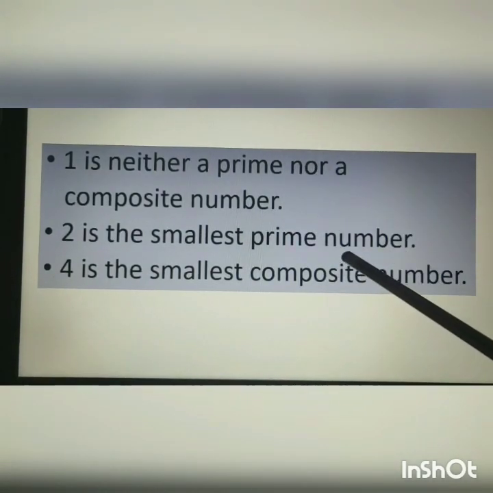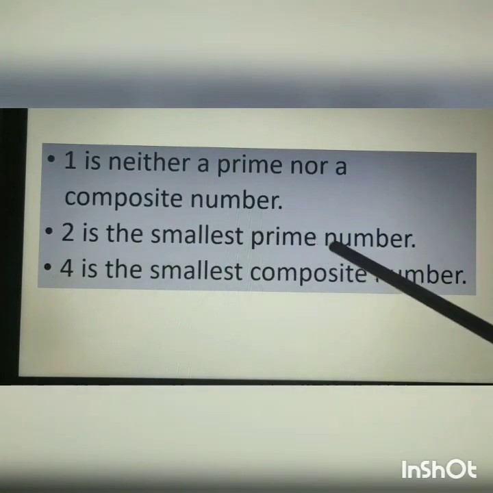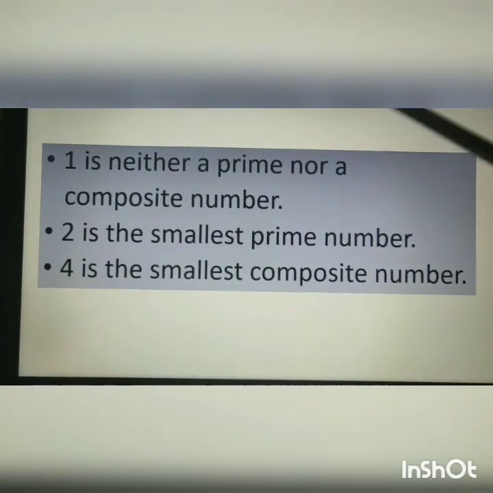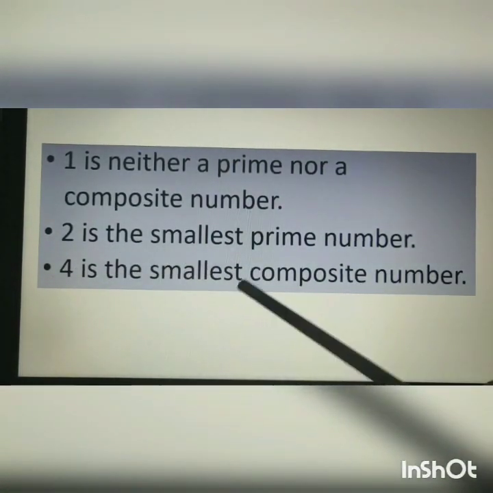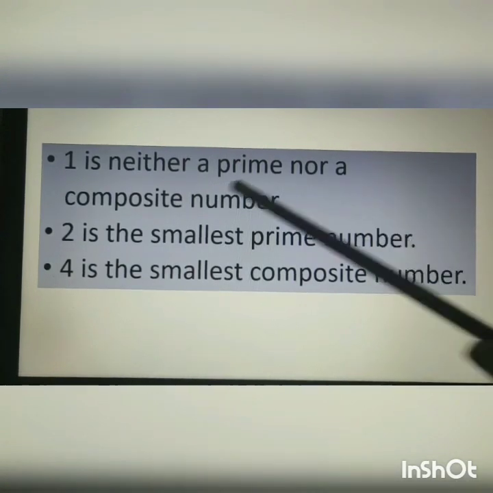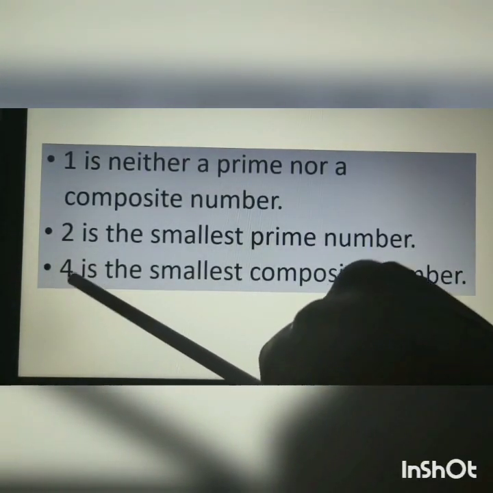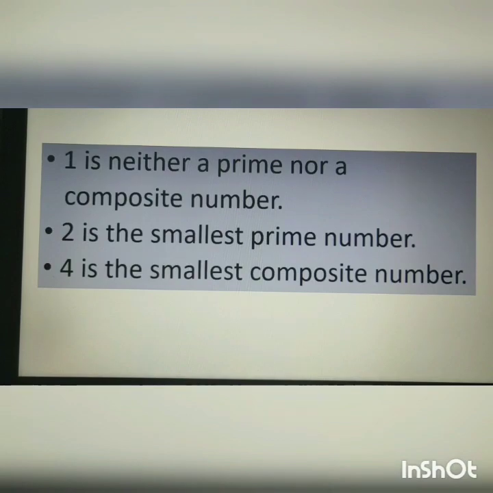Prime numbers start from 2, and 2 is the smallest prime number and 4 is the smallest composite number, which has more than two factors. So the numbers which have only two factors are called prime numbers and the numbers which have more than two factors are called composite numbers.